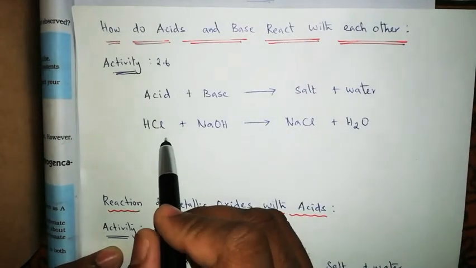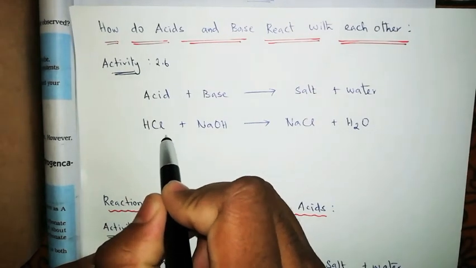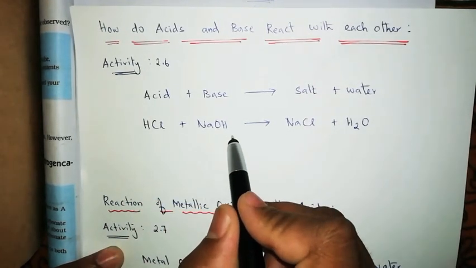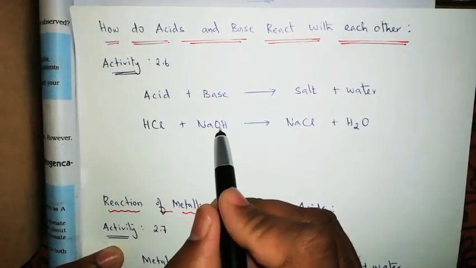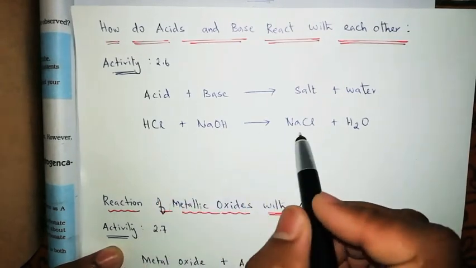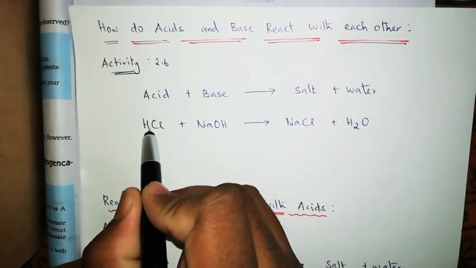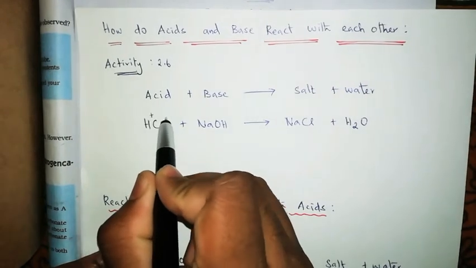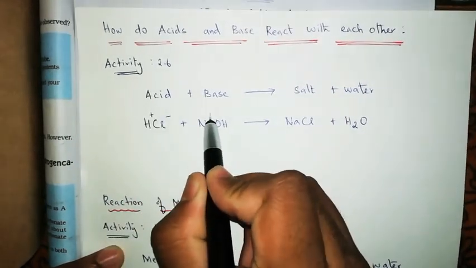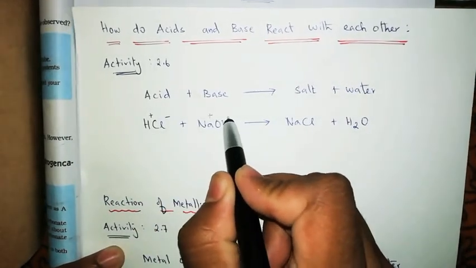Here is an example. Acid: we have taken hydrochloric acid, and base: sodium hydroxide. Both are a strong acid and a strong base. When both are reacted together, you have to know this reaction: H+ Cl−, Na+ because it's a metal, and OH−.